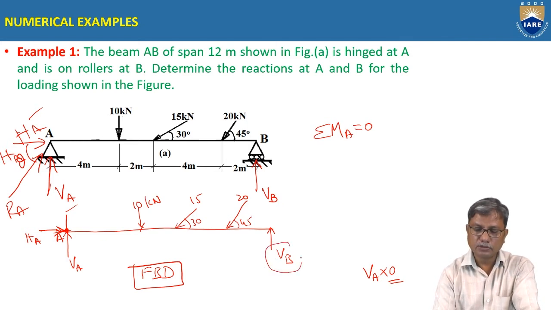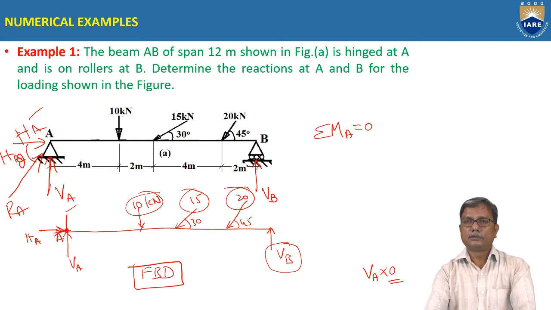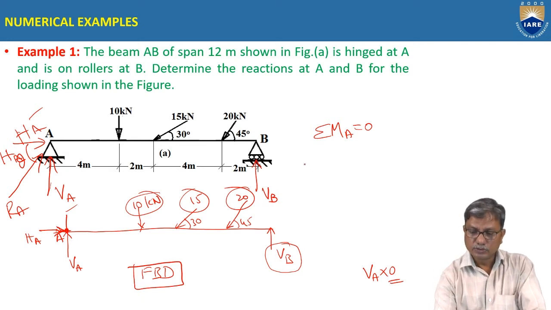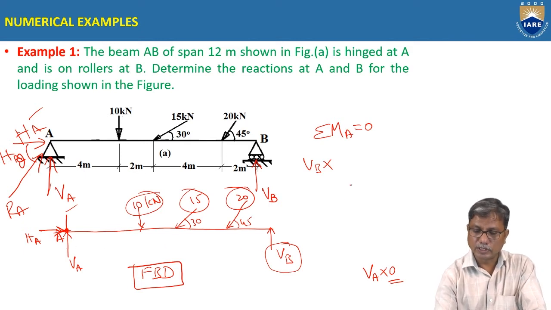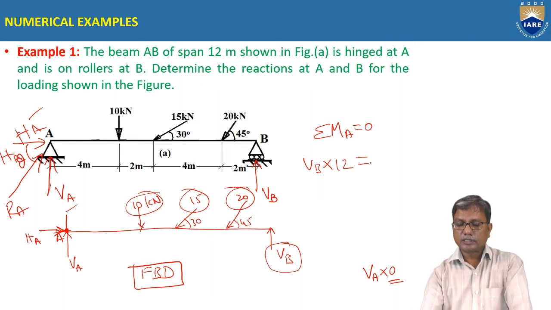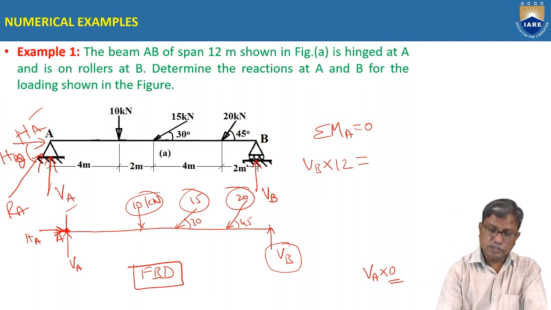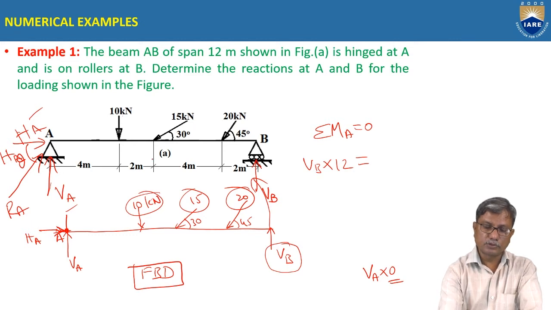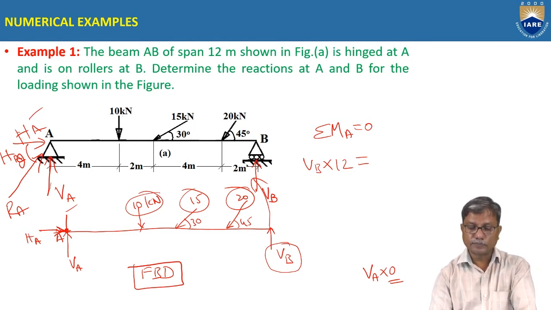You will have the moment due to reaction VB and the moment due to the external forces. VB into, what is the distance? 12, perpendicular distance. This produces an anti-clockwise moment about A, isn't it?